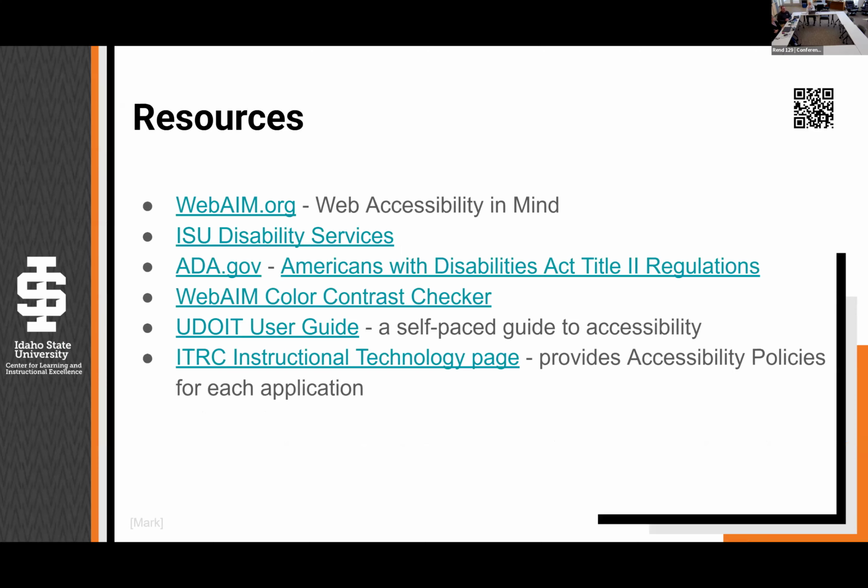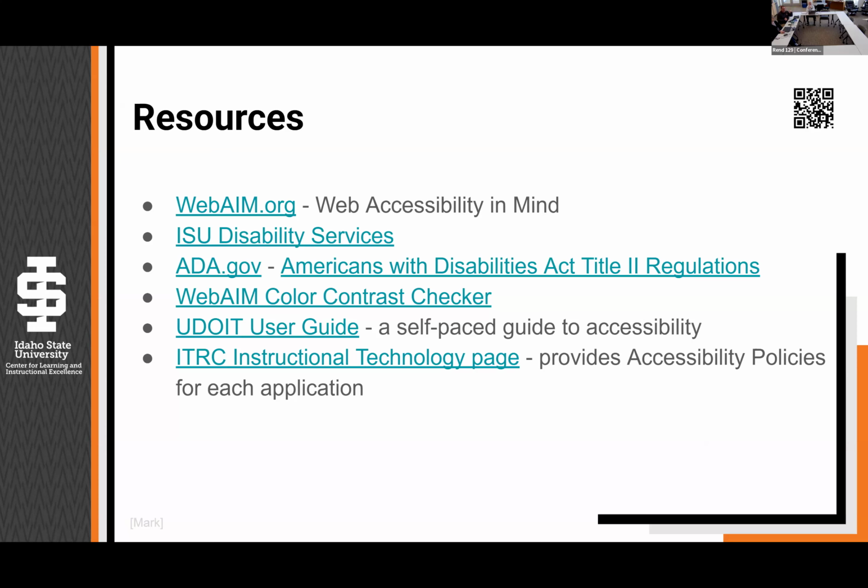And here are some great resources that you can access. As you could see as we went through the different screens, up in the right-hand corner, there's another QR code. And again, that'll take you to the downloadable copy of this slide presentation, where you can click on some of these links.